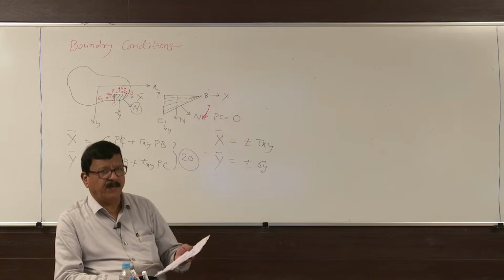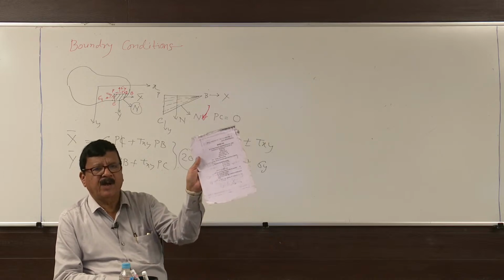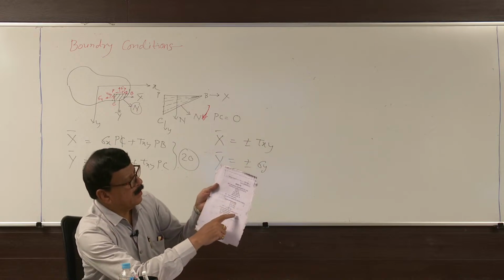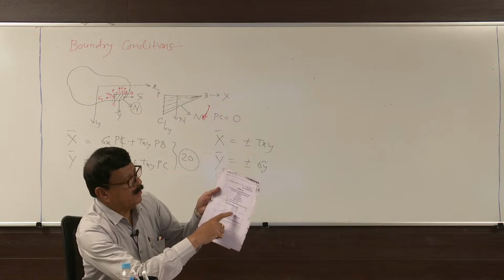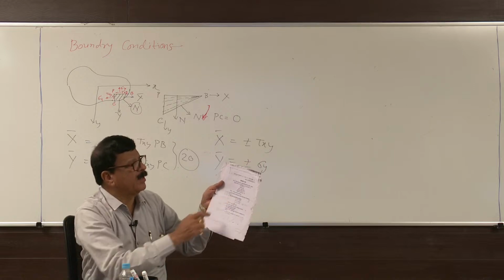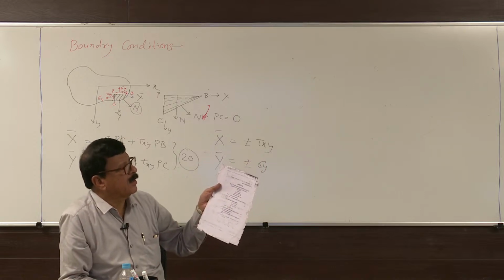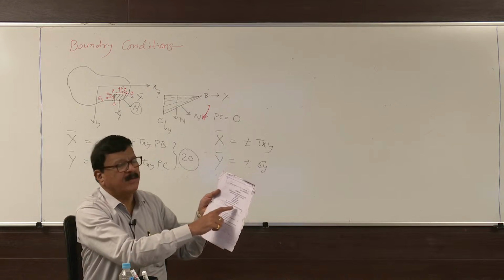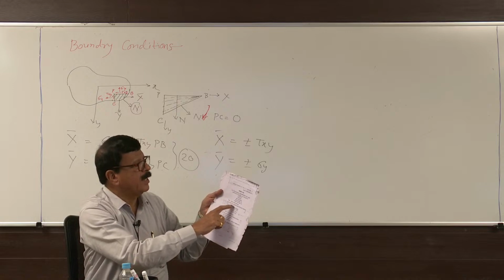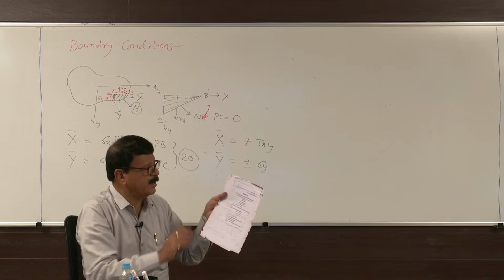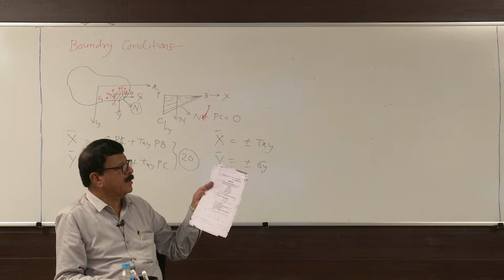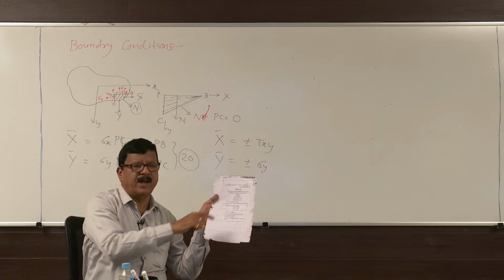Equation 11 we proved. If you are able to see, this is question 1 of the paper. Already we proved equation number 11, and we also studied question number 1. A part is: state the assumptions made in the theory of elasticity. So this we already studied.